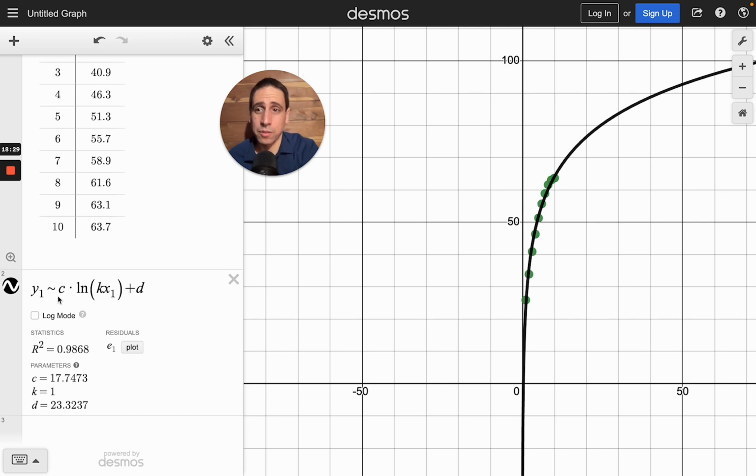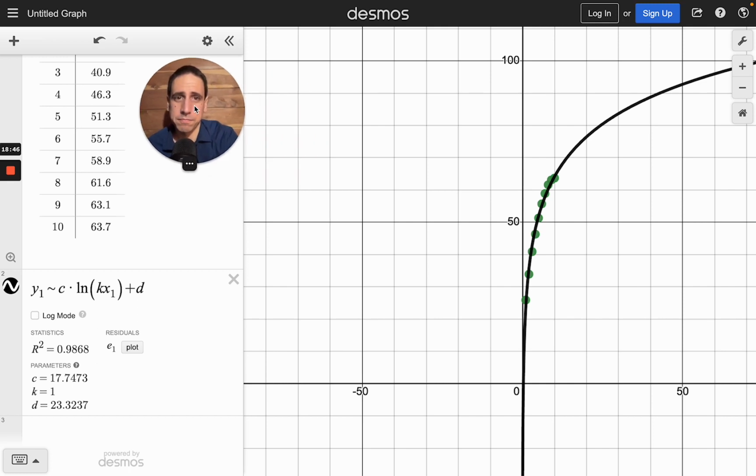So you can see there's a potential for a horizontal dilation on the inside, a vertical dilation on the outside, and a vertical shift on the outside. And so what we can do is put all that here, and this is what we get.